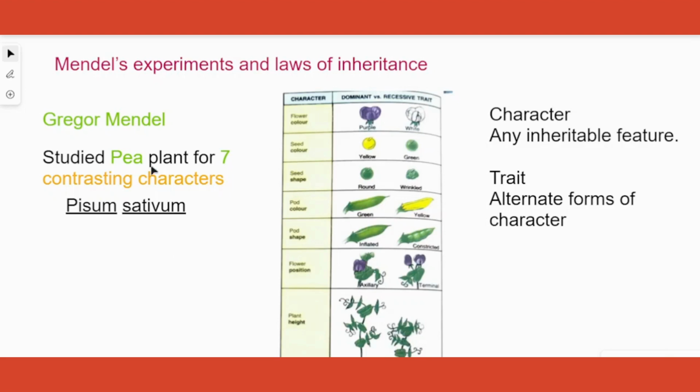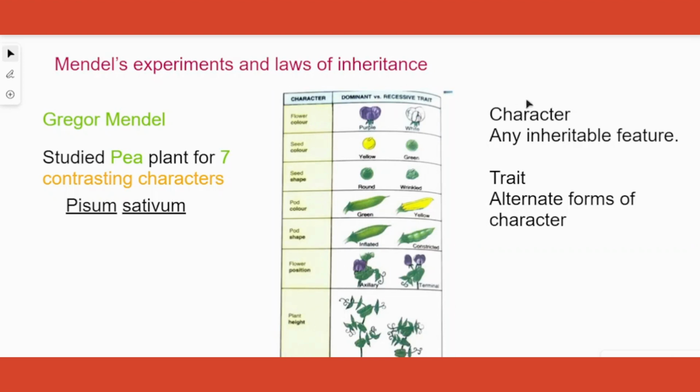He studied 7 contrasting characters, and this table you're supposed to know without any error. Meaning, which were the characters he studied and what are the 2 traits for each. So, what do you mean by character? We should know, isn't it? Anything inheritable from a parent to the offspring, anything that you can see, we call that a character. The best example to take is height.